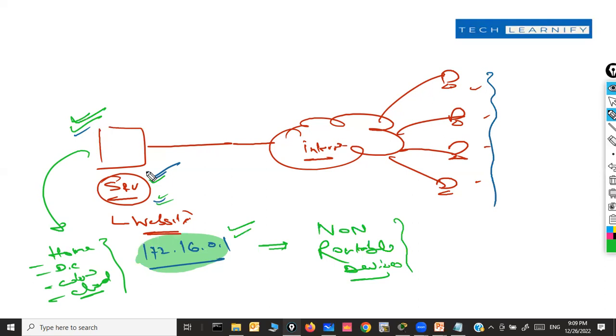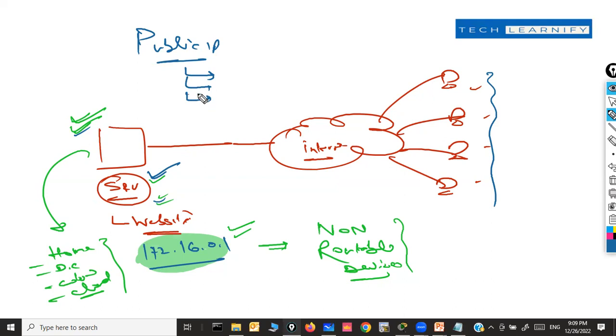So how do we make this server accessible to everyone? For that, your server should have a public IP address. What is a public IP address? An IP address that is recognized, routable, valid over the internet.